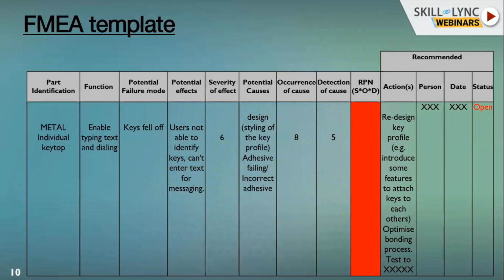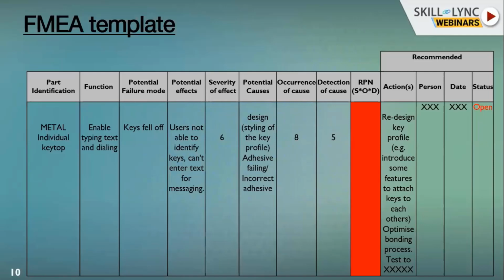In the context of the mobile phone, the function was to enable typing text and dialing. And the potential failure mode can be the keys falling off, or the numbers printed on the keys wearing off. You can expand this one. This is just an example for one case.